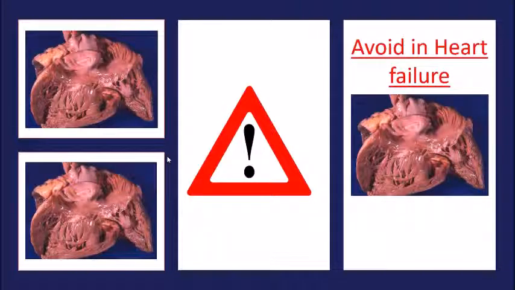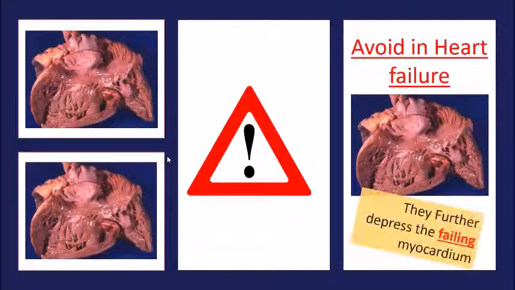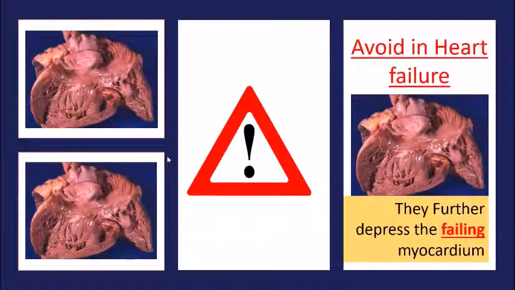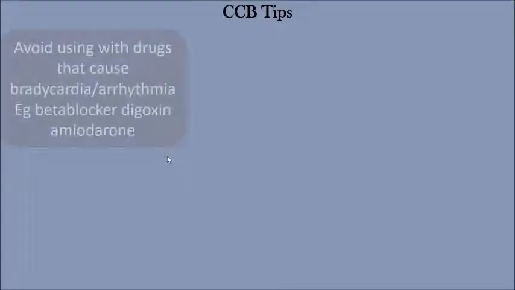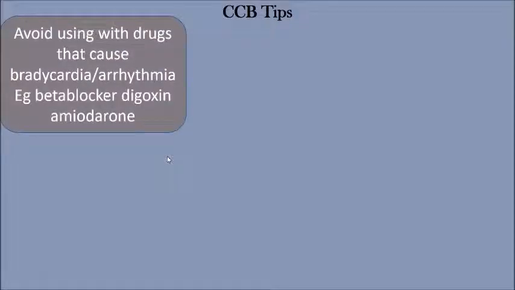You need to avoid non-dihydropyridines in heart failure, because they may depress the failing myocardium further and cause asystole. You also need to avoid using them with drugs that cause bradycardia, especially beta blockers. Verapamil is a very dangerous combination, and diltiazem as well. You also need to avoid digoxin and amiodarone unless it's under specialist care.